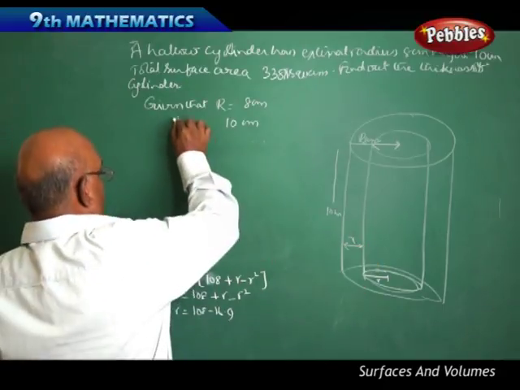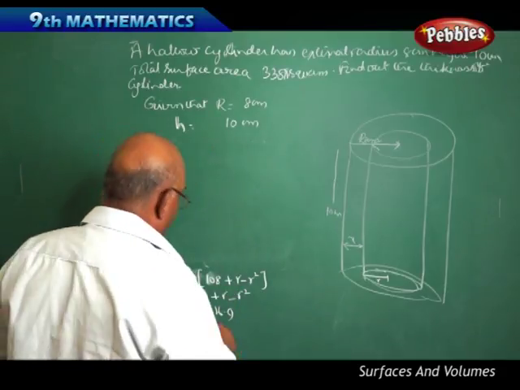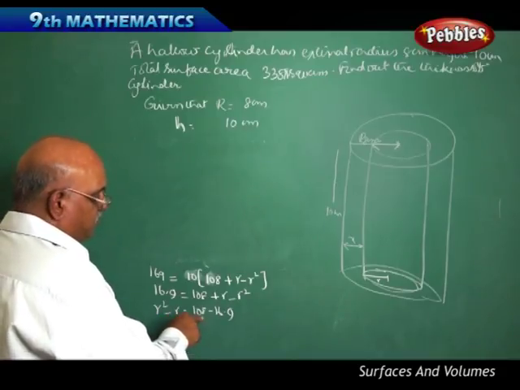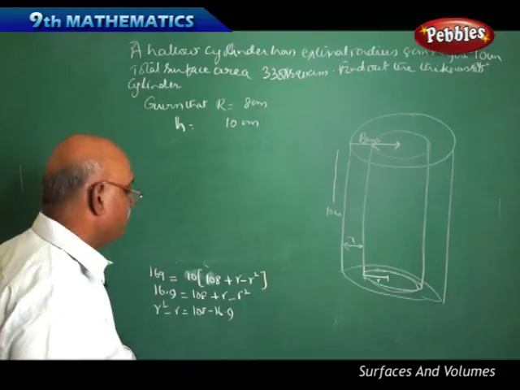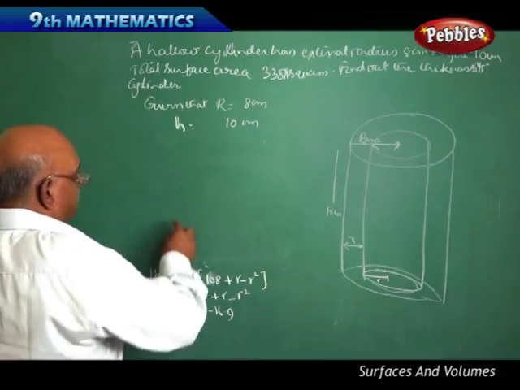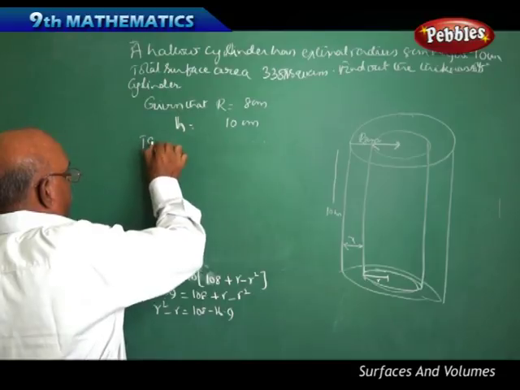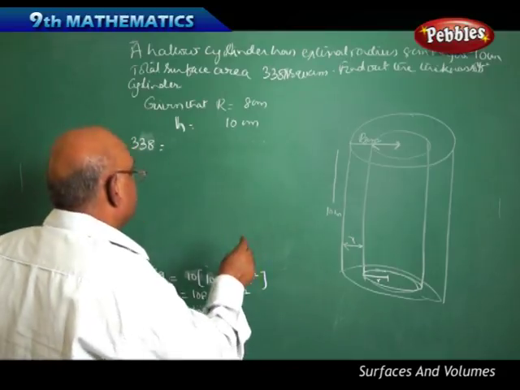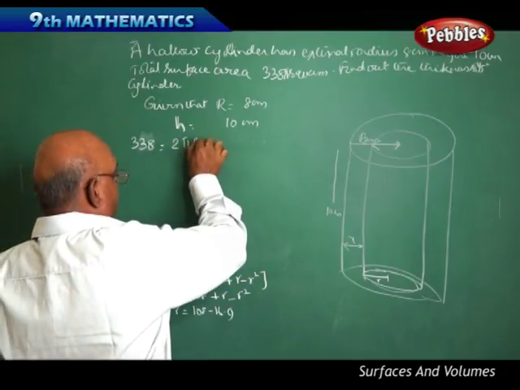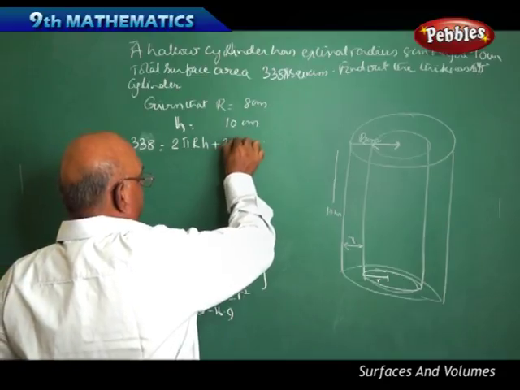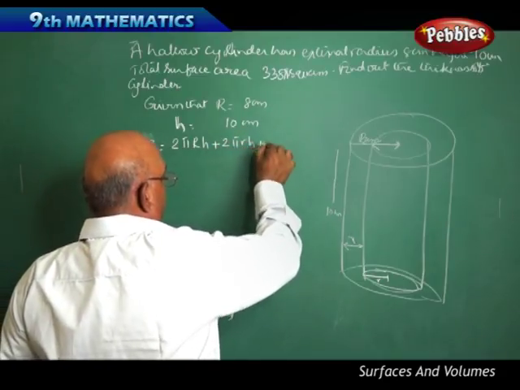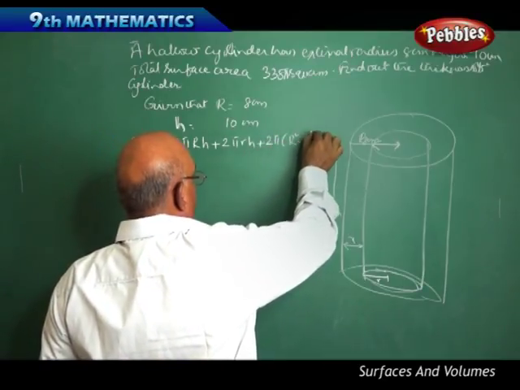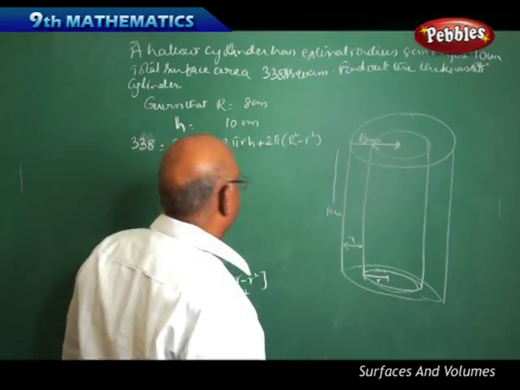Now, we got this like this: r square minus r is equal to 108 minus 16.9. But originally, if you look at the total surface area, it is given as 338 is equal to 2 pi capital RH plus 2 pi rh plus 2 pi into capital R square minus small r square.